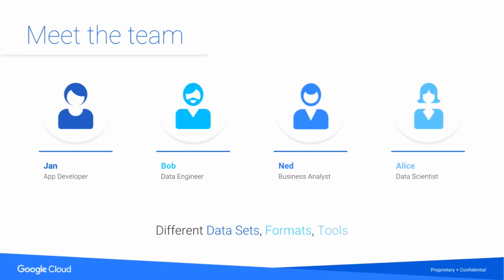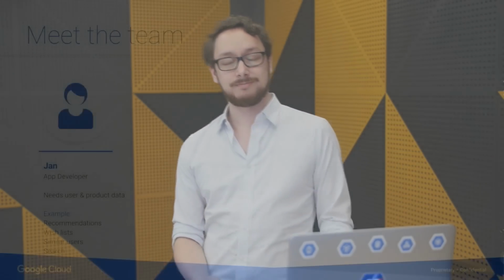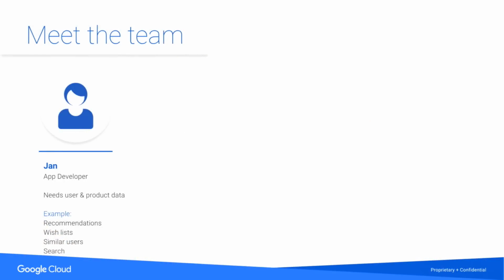All of these people have very different needs. They have different data sets, different formats that they're familiar with. They have different tools that they would like to use to process data, and it's different tools that they're familiar with. So let's go through them one by one. So Jan is our app developer.